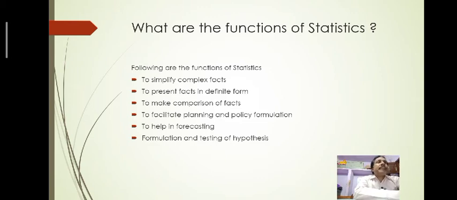Here we can take some example. A number of people say that prices of the commodity are continuously rising in the economy. So in a simple form we can say that 10% inflation is present in our country. So in this way we can present the facts.